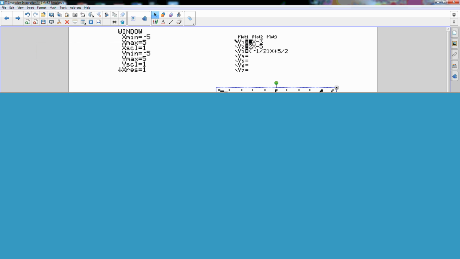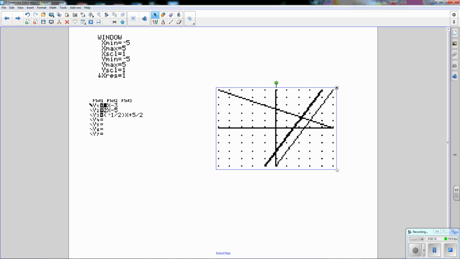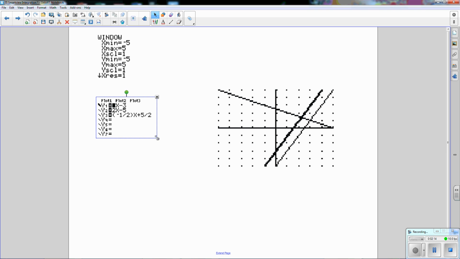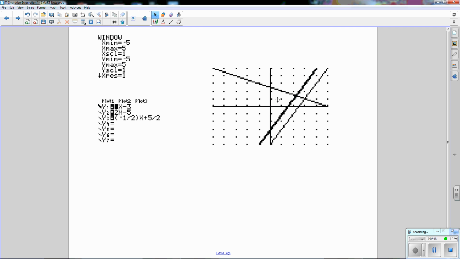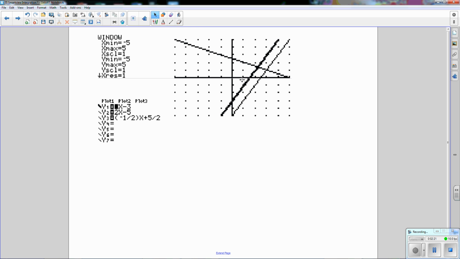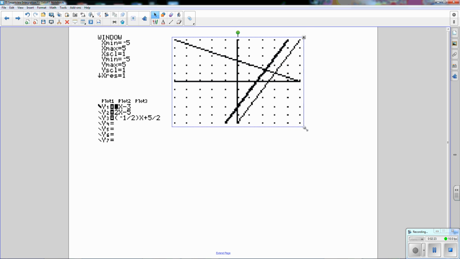So we're going to put our window screen over here and our y equals screen over here. Maybe we want to make that a little bit bigger. See how easy that is? And we're going to take our actual graph, bring it over here, and expand it.